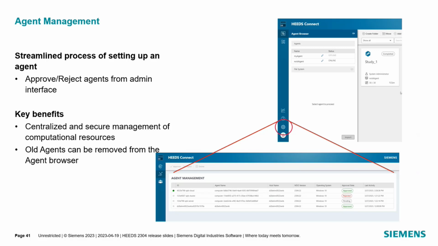There is an administrative interface that allows the users to accept or reject agents, to make sure that agents can be cleaned up or managed across the collaboration environment. And this is also a centralized and secure management of computational resources, so that no unauthorized agents can be connected to the central server and made available to all the users.